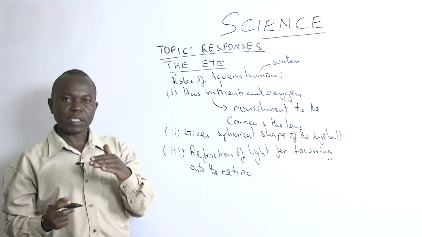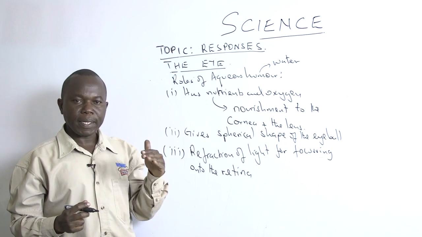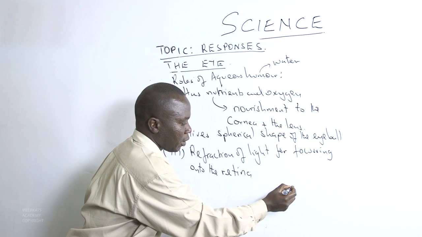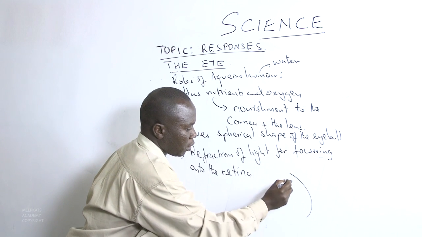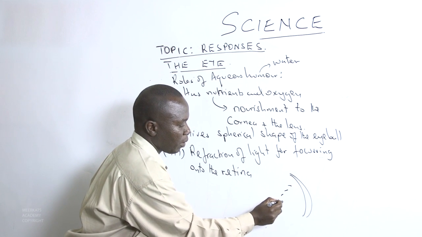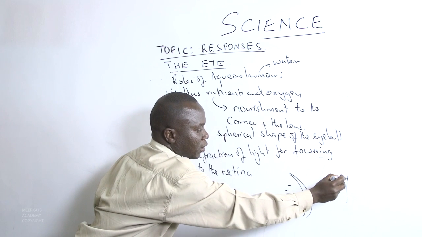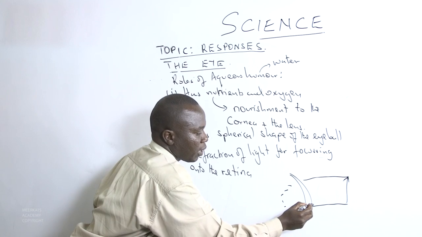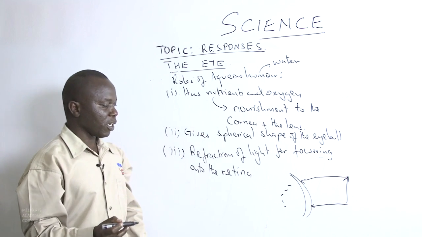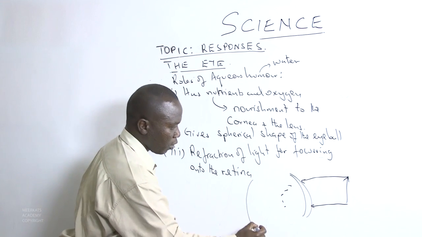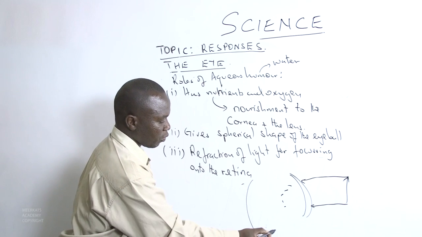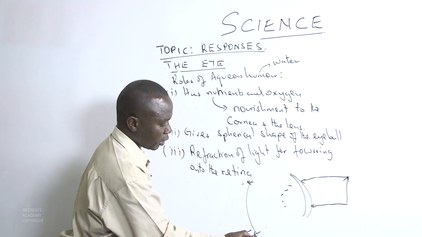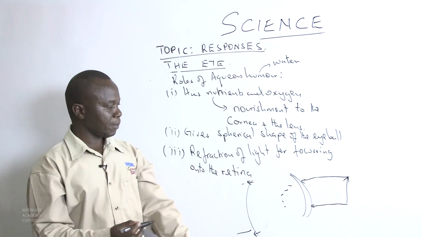Refraction is the ability of a liquid to bend light. So if, for example, that is the humor there, and we have an object at that point, light coming to the eye has to be refracted so that it can fall on the retina. Otherwise, most of the light will fall on places where we do not have a receptor cell.